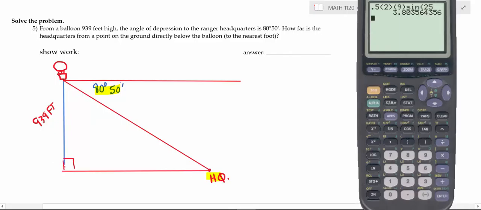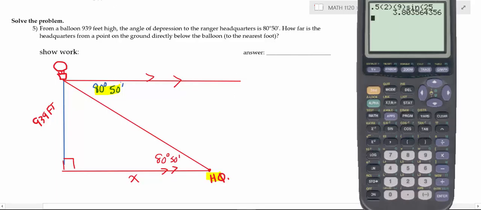We're trying to find this side of the right triangle. This line of sight and this are parallel lines, so these are alternate interior angles, which means this angle is the same as this angle.